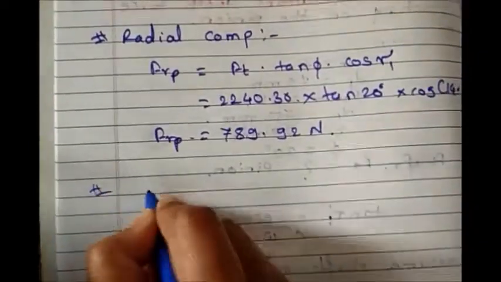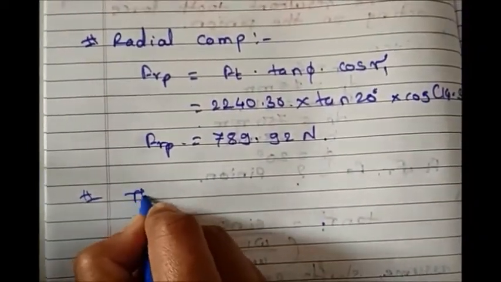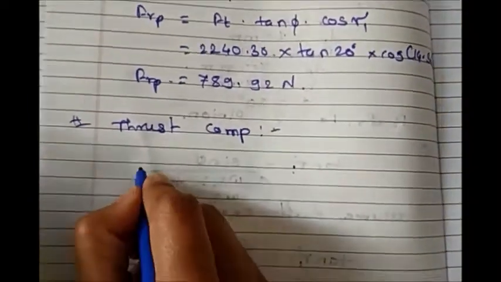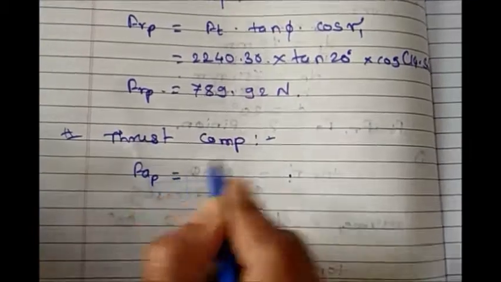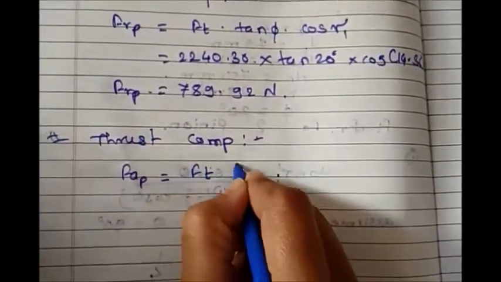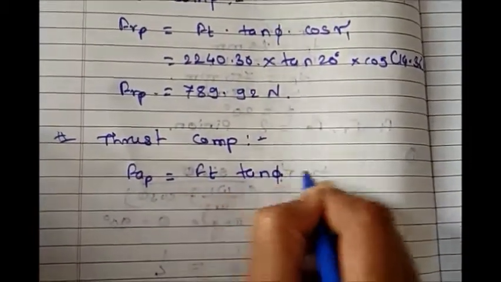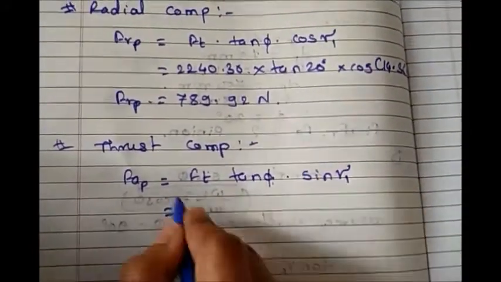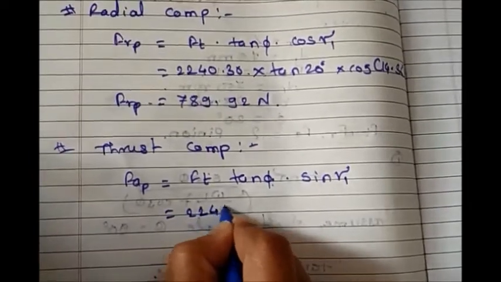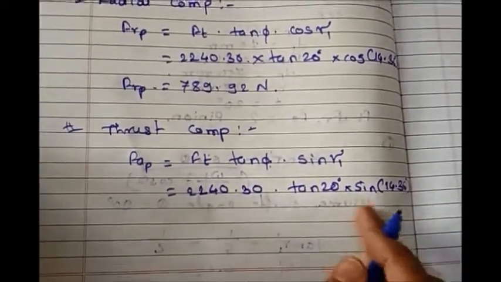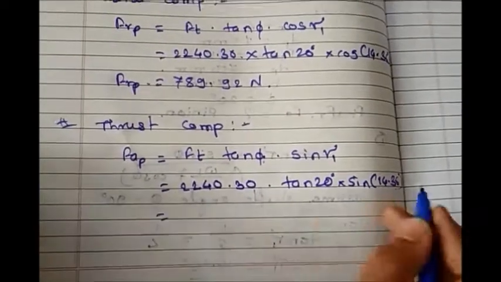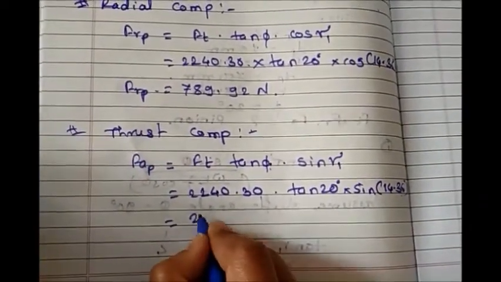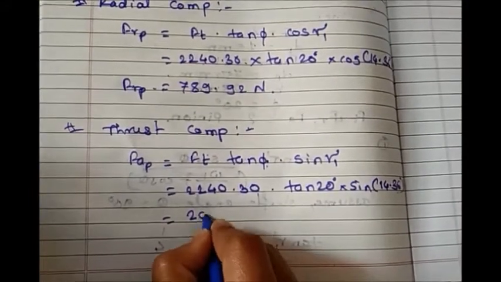Similarly, we know the formula for the thrust or axial component of force: FAP is equal to Ft tan of phi into sine of gamma 1 or gamma p. So Ft is 2240.30, tan of 20, into sine of 14.36.